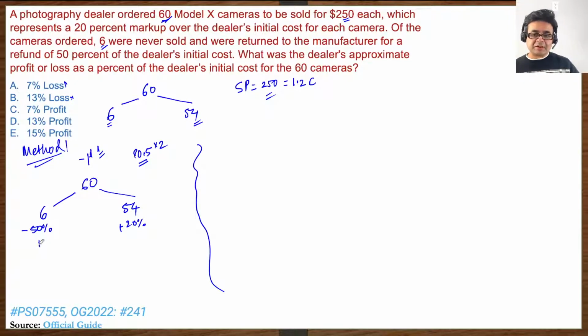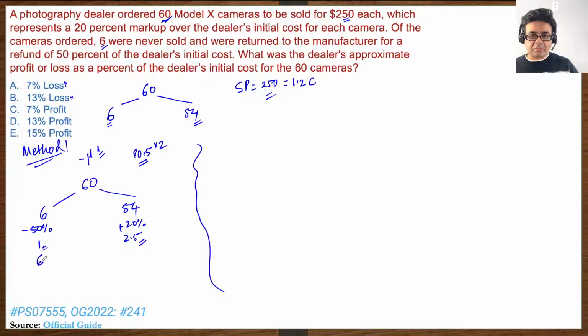Let's assume I sell 1, which is minus 50. I would have to sell 2.5 here. So 2.5 multiplied by 20% would be 50%. So minus 50 plus 50 comes together to be 0. So for 1 sold at a 50% loss, I would have to sell 2.5 at 20% profit.